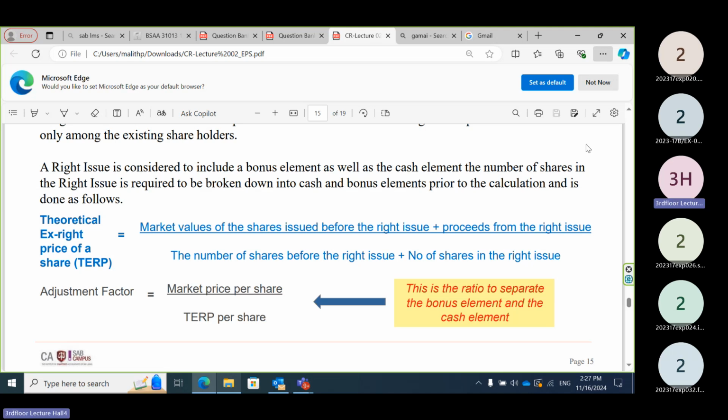What you can do is calculate bonus element equals adjustment factor minus 1. That is 1.058 minus 1, so 0.058 is the bonus element factor.